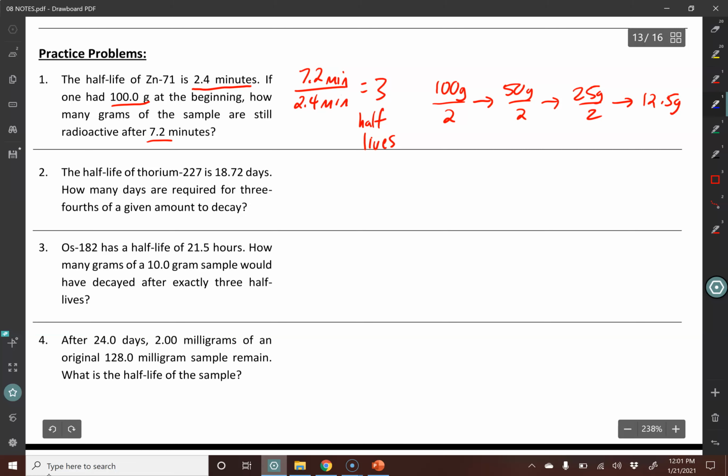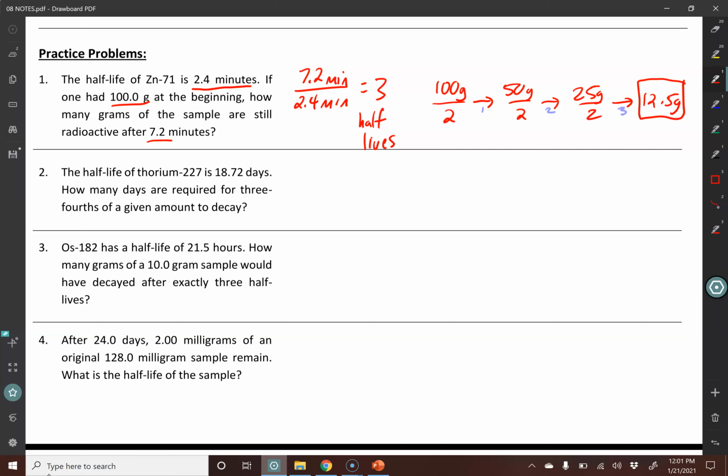And if I count my arrows, 1, 2, 3, those will represent my half-lives. So if I start with 100 gram samples at the beginning of some time period and 3 half-lives have elapsed, I should be left with 12.5 grams of zinc still radioactive.